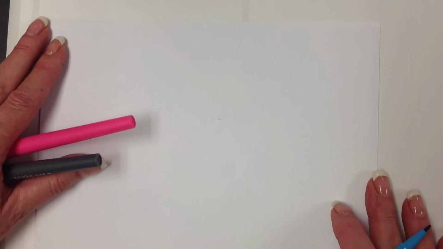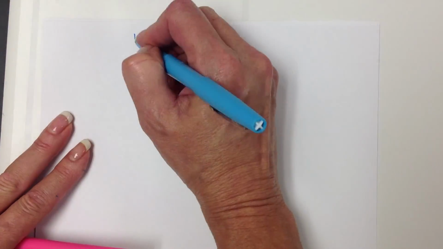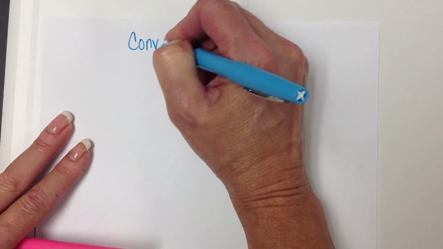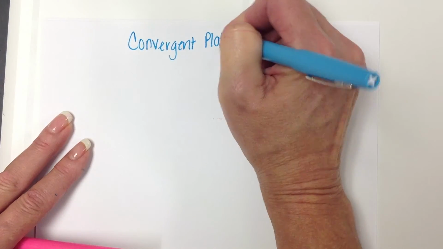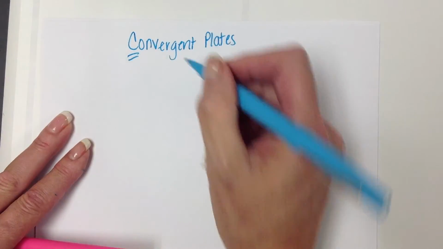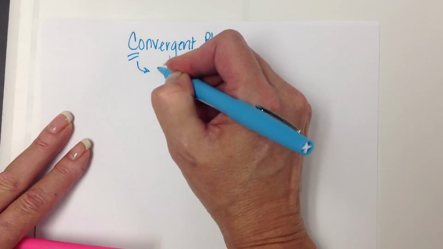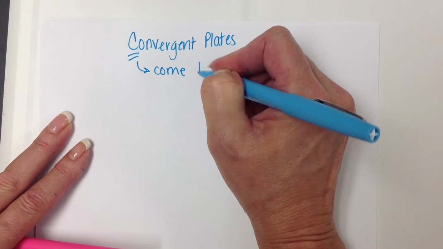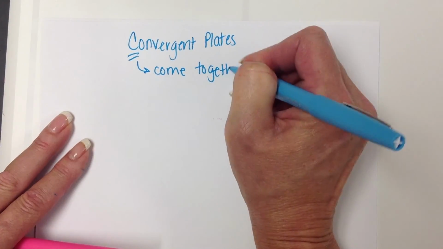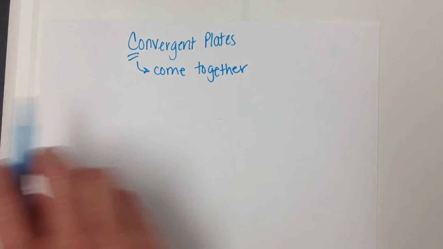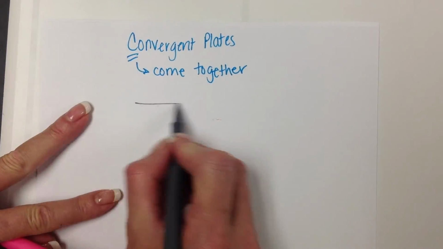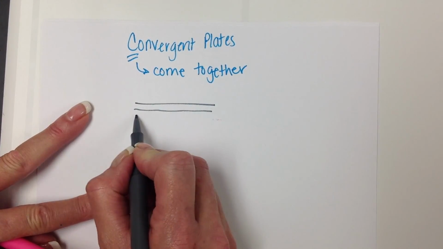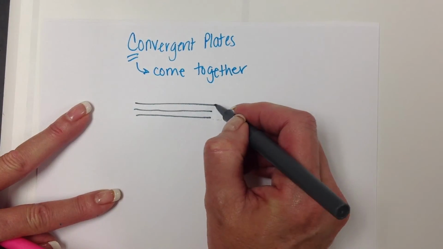Let's talk about plates that are actually coming together. Convergent plates. They come together. Okay, so we're drawing our picture of our lithospheric plates. The crust below it, the upper mantle making the lithosphere.